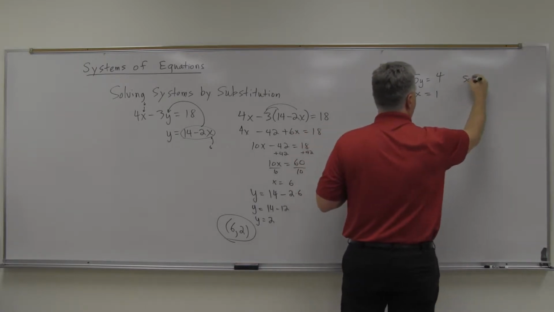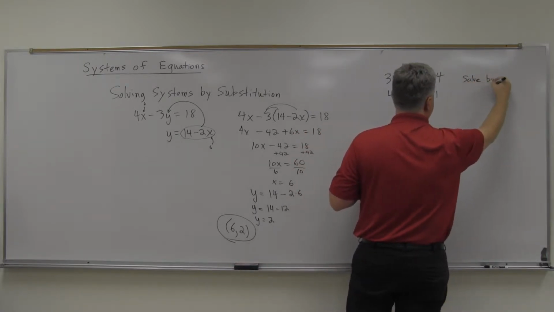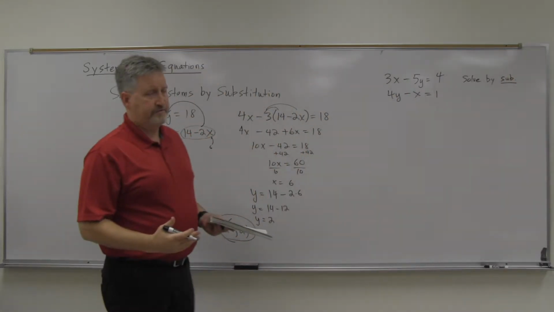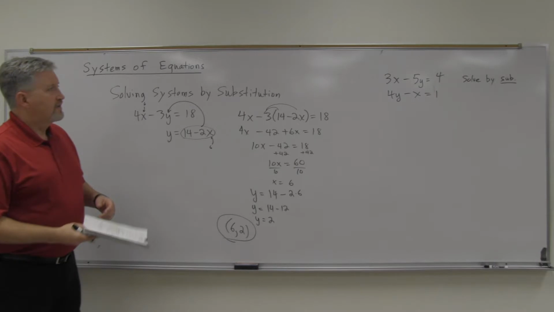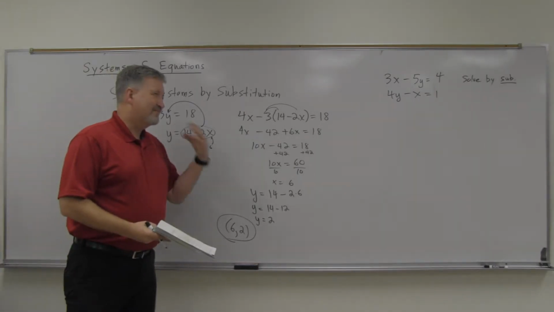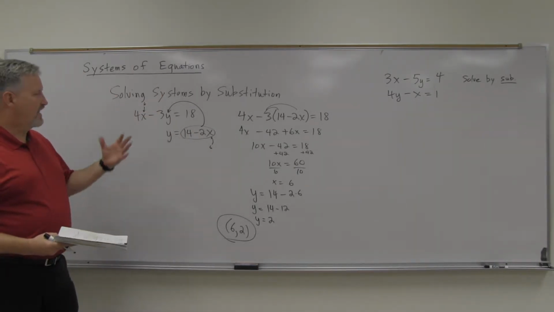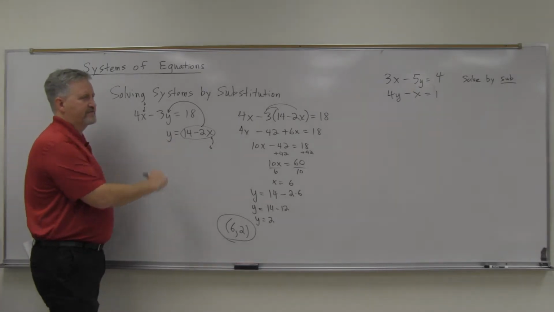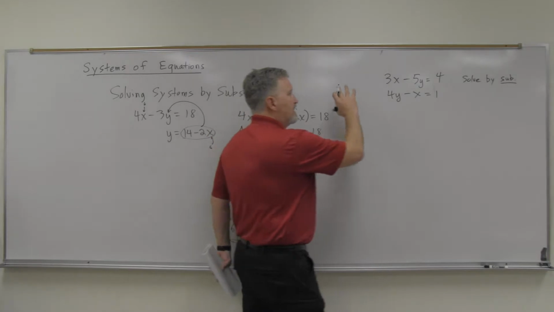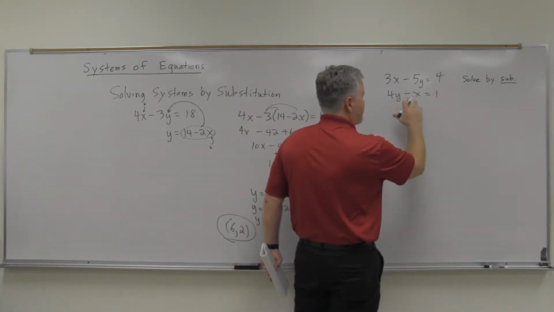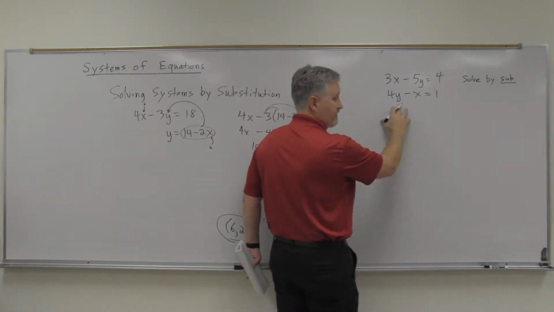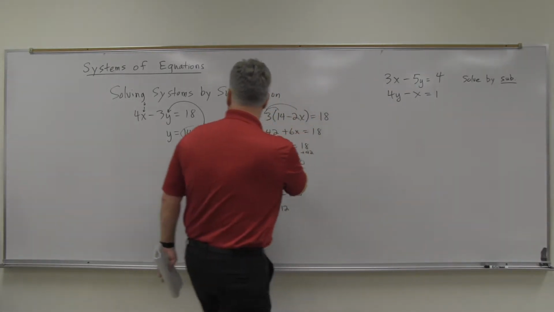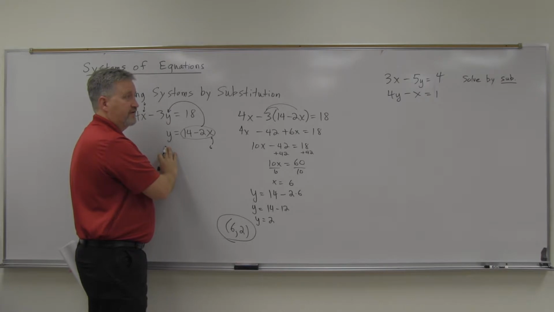If I wanted to solve that one by substitution, there may be other ways, but the thing about that one is it's not set up exactly like this one was, because this one we already had it set up for substitution. If I'm going to solve this one by substitution, I need to solve one of the equations first of all for one of the variables, don't I? I need to get one of the variables on a side by itself.